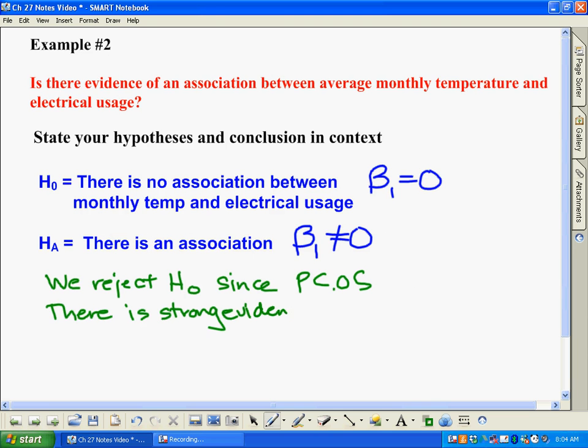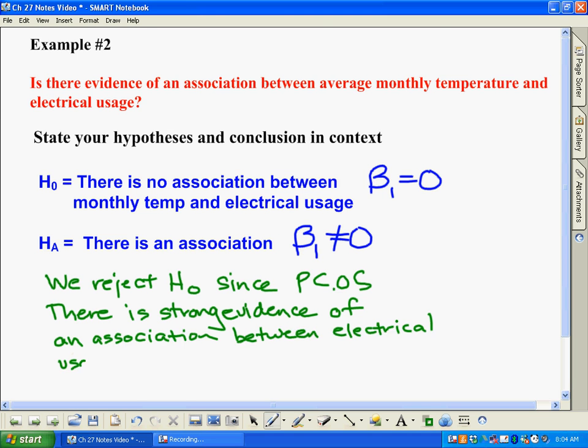Make sure you use context, so it's between monthly temperature and electrical usage. This is really easy to do. All you have to be able to do is look at your computer output, read it correctly, and interpret it in context, between electrical usage and monthly temperature.